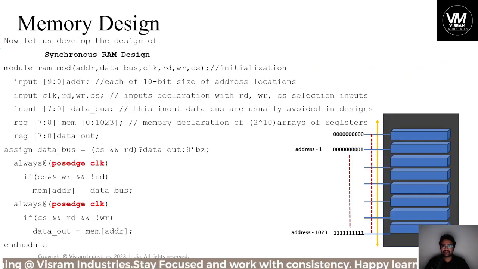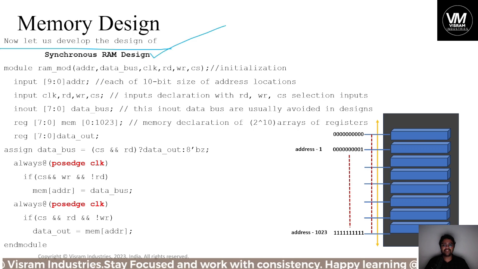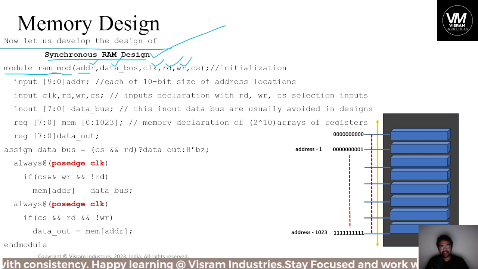Now let us develop the design of a synchronous RAM. In this synchronous RAM design, take module RAM_mod, and you have to mention the inputs: address, data bus, clock, read and write signals, and chip select, CS.